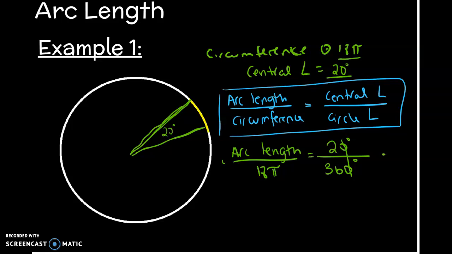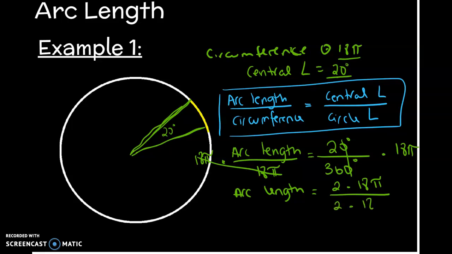You can also multiply both sides by 18 pi, which works out great because then that cancels out, leaving arc length by itself. Then I have 2 times 18 pi in the numerator, and in the denominator, I'm just going to break up that 36, which is 2 times 18 as well. So this works out great. The 2's cancel out, the 18's cancel out.